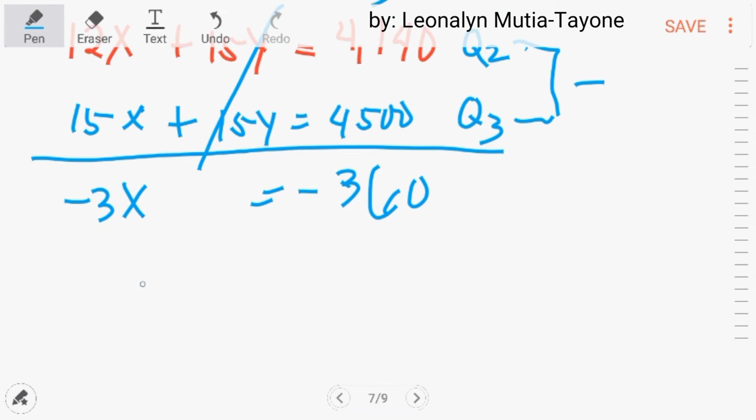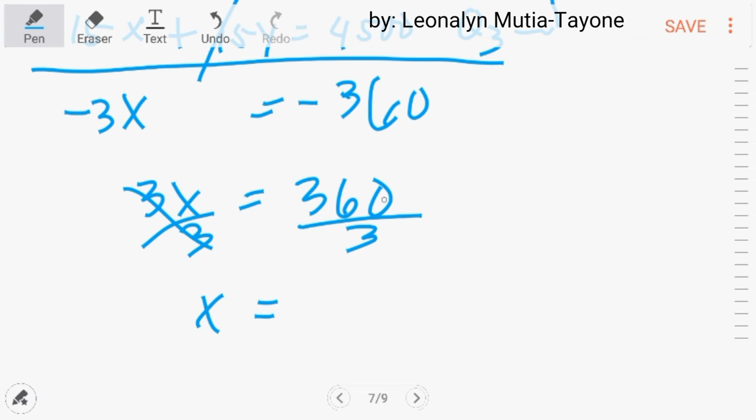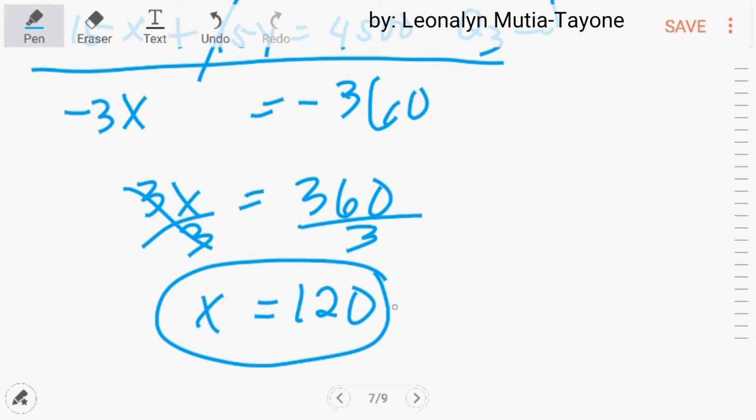Pareho naman negative, i-positive natin pareho. 360. So, para ma-isolate si x dito, i-divide natin pareho ng 3. So, si x na lang dito. And 360 divided by 3, that is 120. So, ang equivalent ng x ay 120.